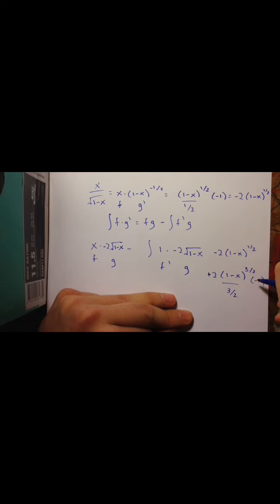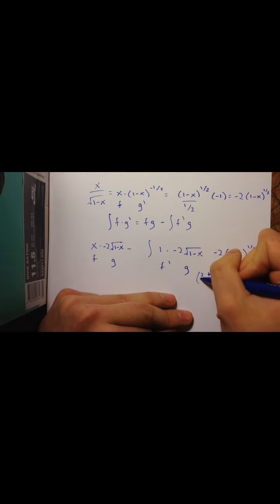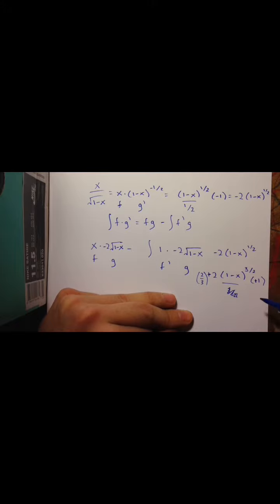So we see that the negatives cancel out here. Dividing by 3/2 is just the same thing as saying multiplying by 2/3. So let's go ahead and bring out the 2/3 right here. And then multiplying this whole thing, or seeing the coefficients right here, we get 2 times 2 is 4 over 3. So we get 4/3 times 1 minus x to the 3/2.